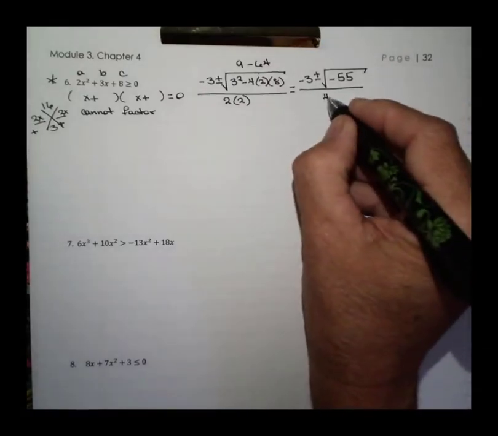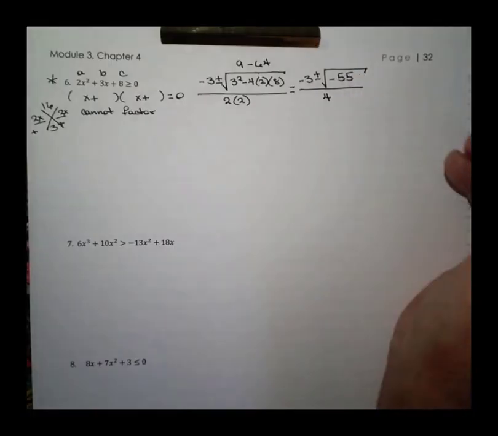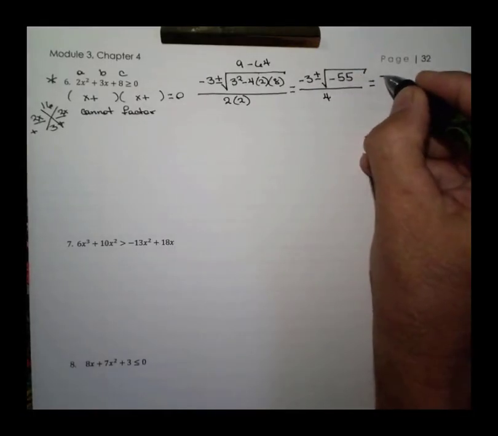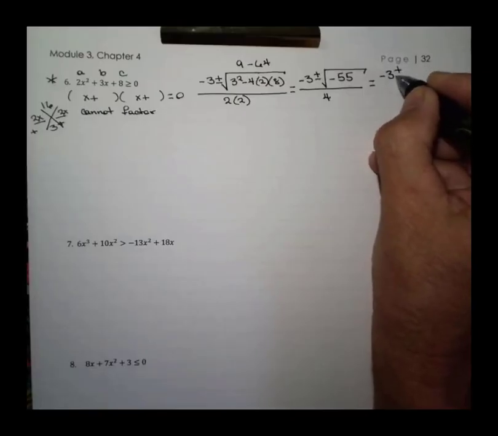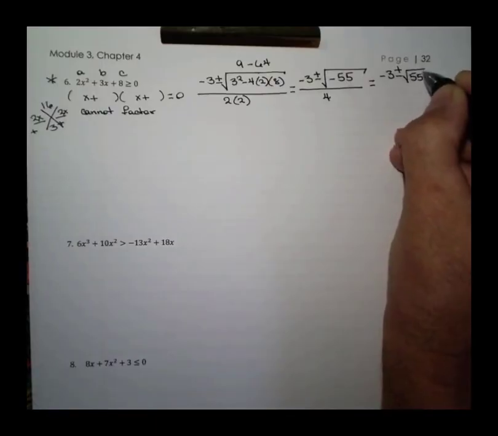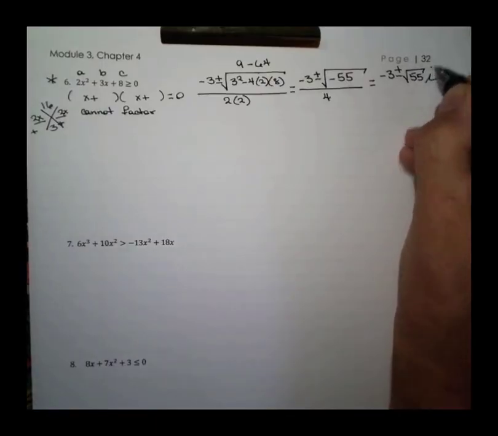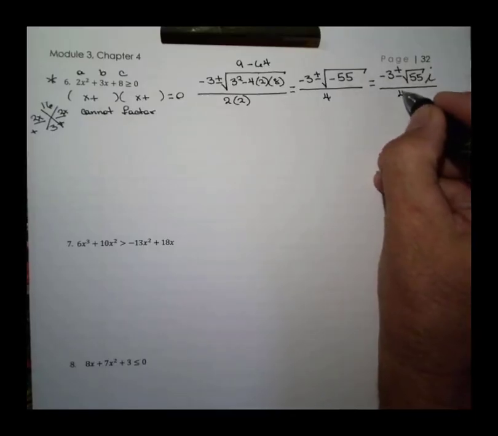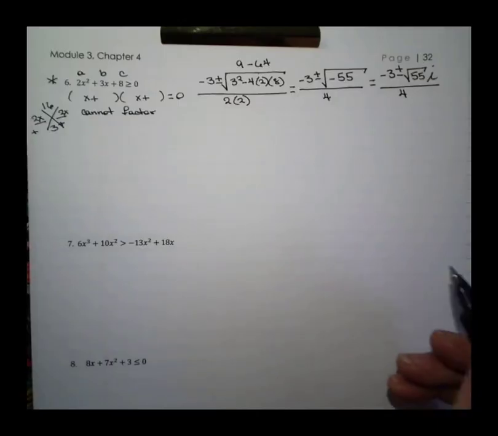So this is over 4. But there's nothing I can factor out, no perfect squares inside 55. So what I have here is negative 3 plus or minus the square root of 55, and outside of the radical, I have the imaginary number i, because I factored out the square root of negative 1 as an i, and all that's over 4. That's about as simple as I can get this.